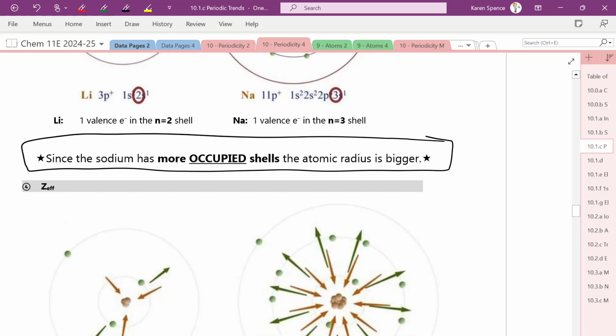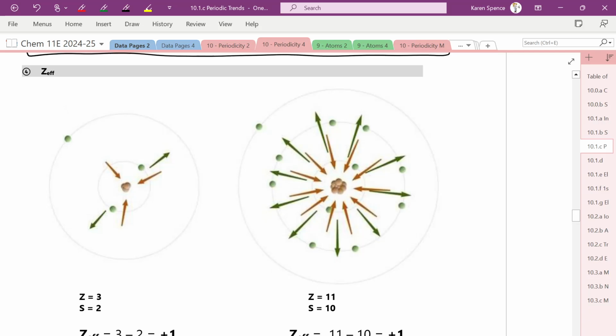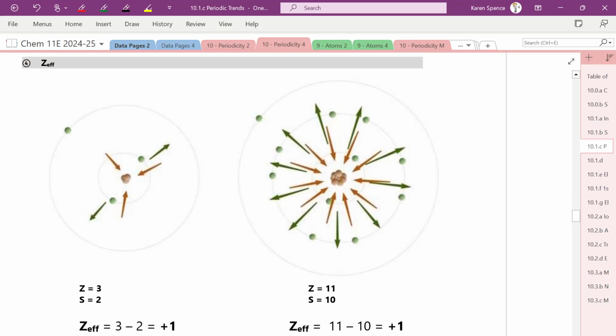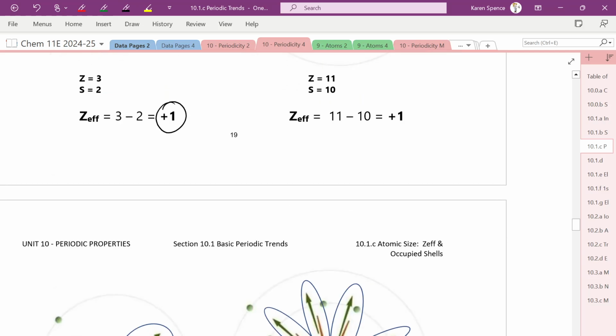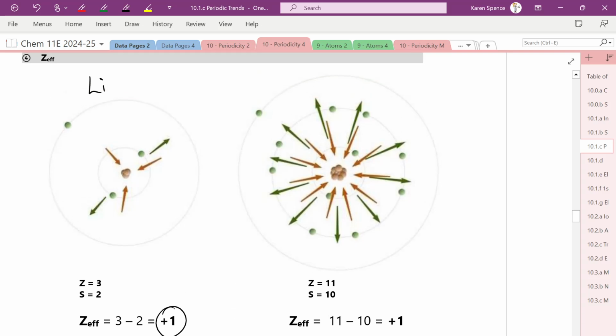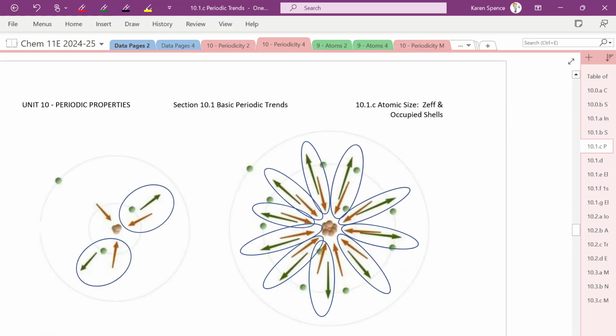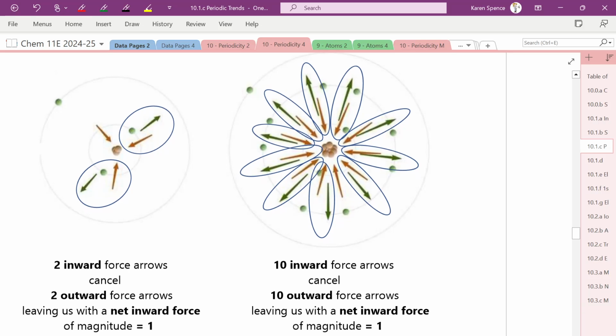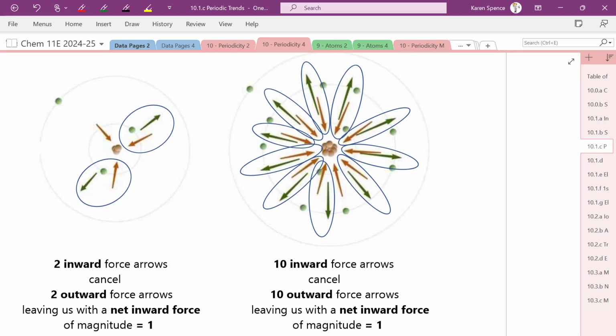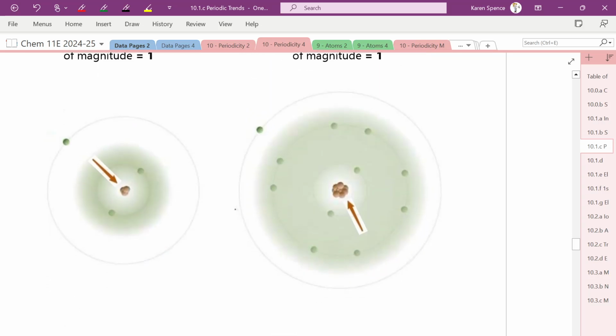Now let's look at Zeff. Here is lithium. Its Zeff is +1. You could go through and cancel all these out, and in fact, I think I do on the next page. Anywho, ignoring them, you can see all of them cancel out, and you are left with one thing pulling in.